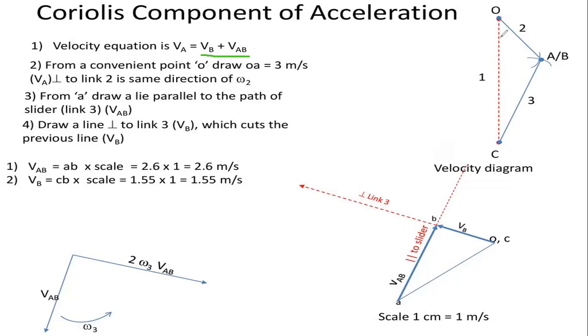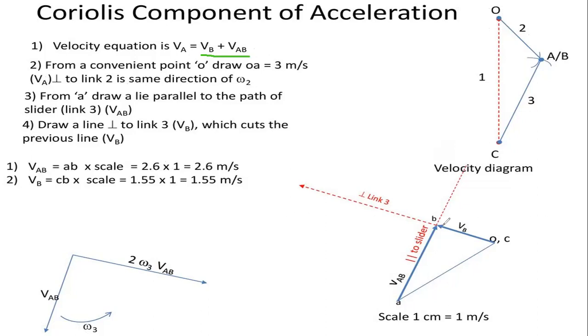In the first step, draw OA as 3 meters per second. That is the given velocity. The OA length is 3 meters per second, which is perpendicular to link 2.